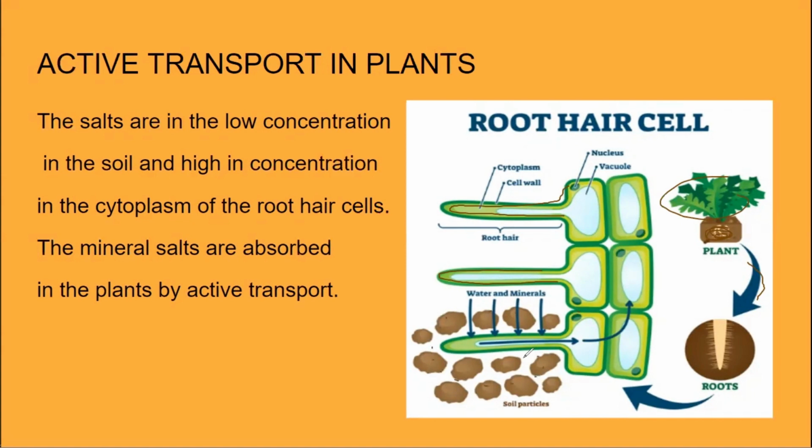The soil has salts at low concentration, and inside the cytoplasm of the root hair, the salts are in high concentration. So these salts will move from soil into the root hair by active transport, and the root hair cells have mitochondria so that energy can be provided to pull the salts inside. This is how plants absorb mineral salts from the soil by the process of active transport.